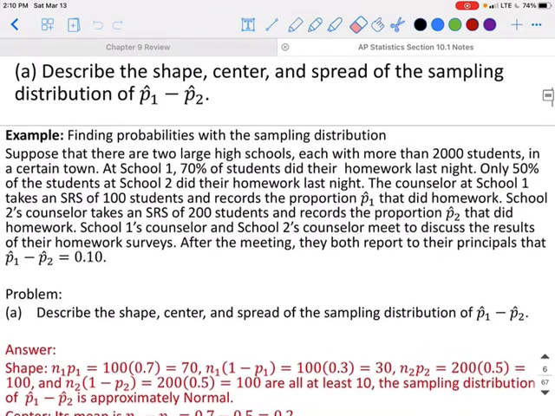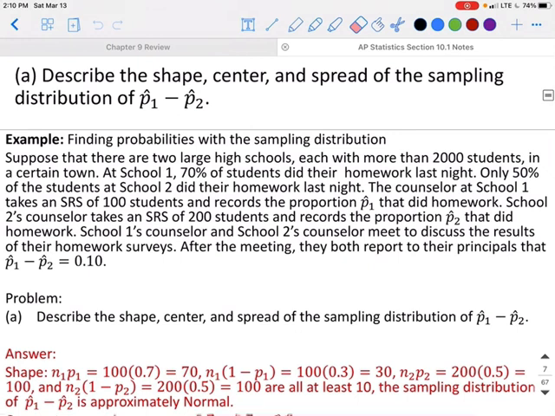To determine the shape, we have to make sure that each distribution is normal before we put them together, before we find the difference. For the first population, you do n times p and make sure that number is at least 10, and then n times 1 minus p and make sure that's at least 10. We got 70 successes and 30 failures for population 1.